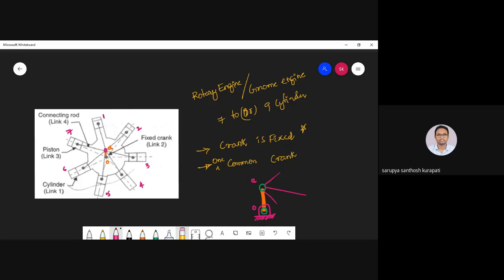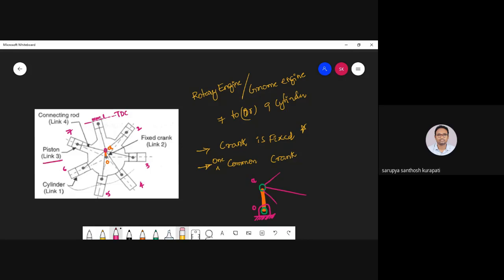In cylinder 1, see the gap of the combustion chamber inside the cylinder. You can see here the position of the piston, it is at top dead center. In the second cylinder it is coming towards the crank, and in the third also the gap is more, in the fourth, fifth, and also in the sixth and seventh.